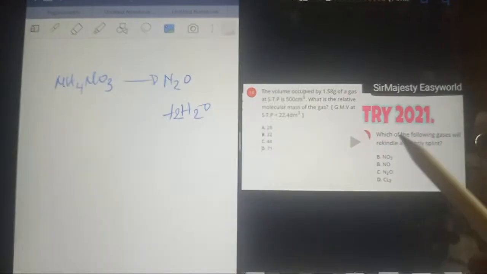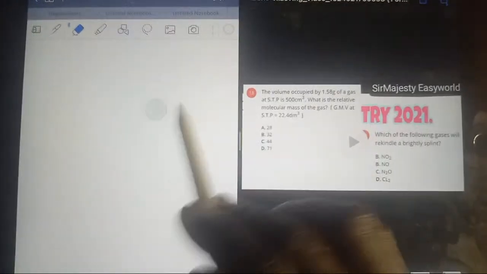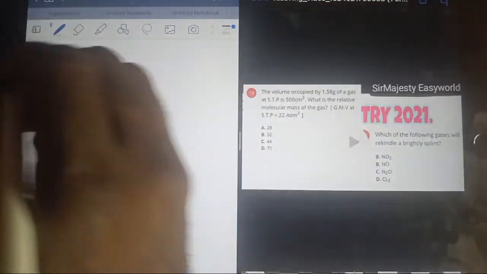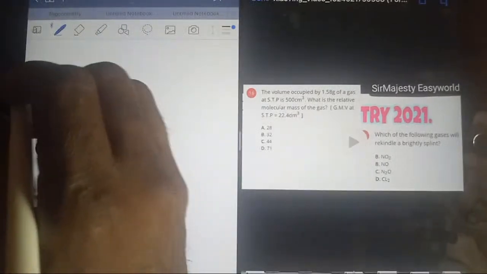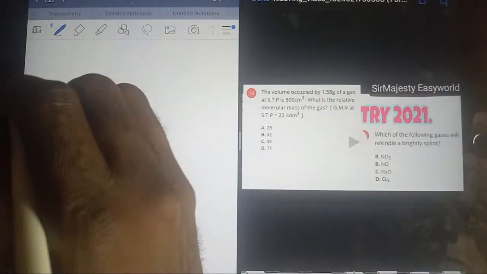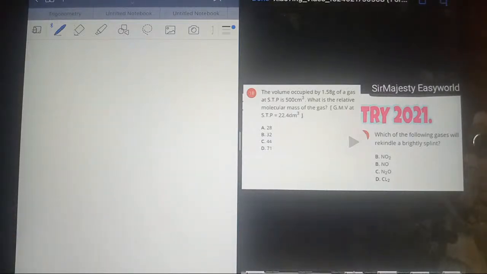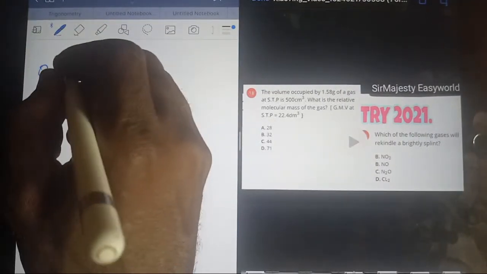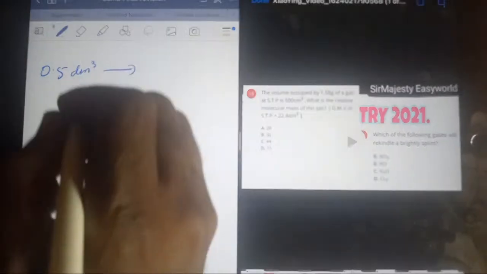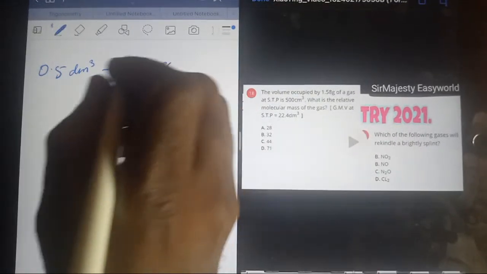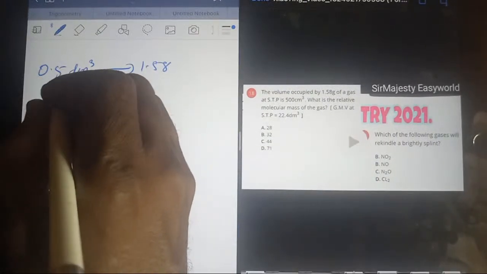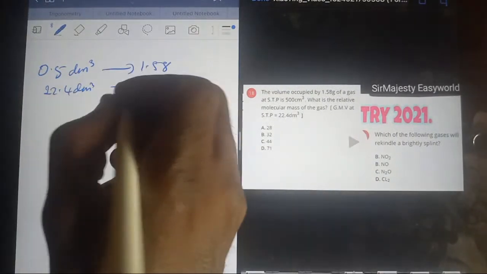Okay, let's treat this question here, this calculation. The question says if 500 cm cube, when you convert to dm cube, is automatically 500 divided by 1000, which will give you half. So we have 0.5 dm cube with 1.58. So whatever 22.4 dm cube weighs is the molar mass.